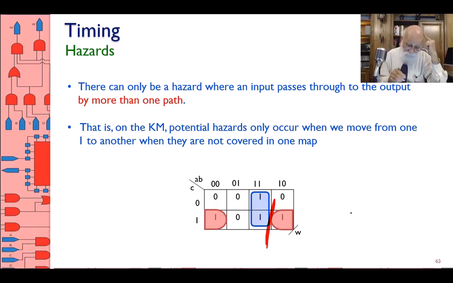The variable that is changing between these two adjacent ones that are not mapped together is B, going from 1 to 0 or 0 to 1. All I can say by looking at this is there is a potential hazard. This is called a potential one hazard.